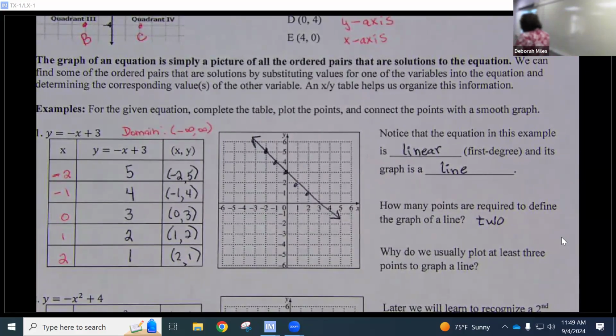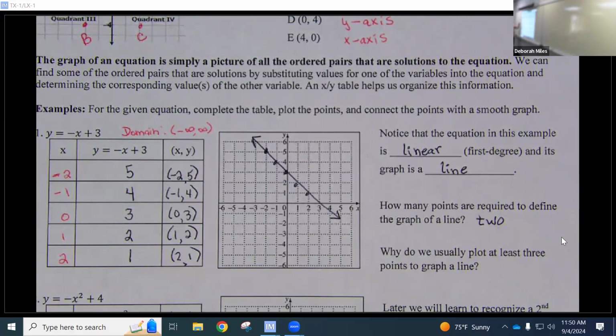Okay, but I know the shape's a line. If I only choose 2 points, let's say I chose these two, -2, 5 and -1, 4, I could put a line through them, but I couldn't be certain that was right unless I had a third point that was on the same line.